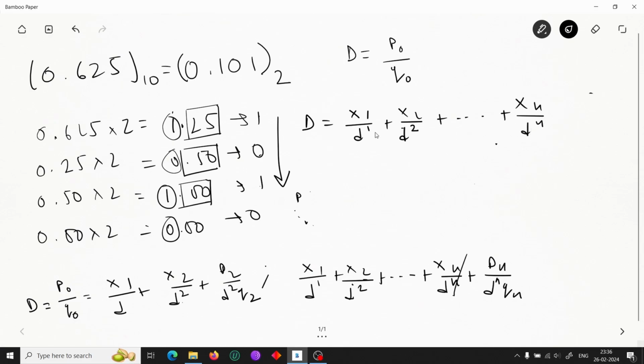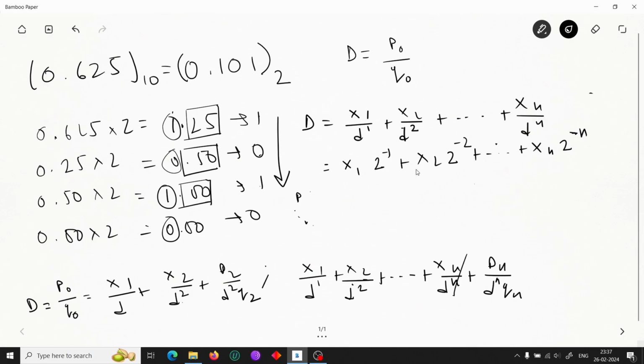Now, isn't this the general form of an expanded form for the decimal number system? I mean, for the fractional parts of the system. Like if we replace d with 2, it would simply be x1 times 2 to the power minus 1 plus x2 times 2 to the power minus 2 and so on plus xn times 2 to the power minus n basically.